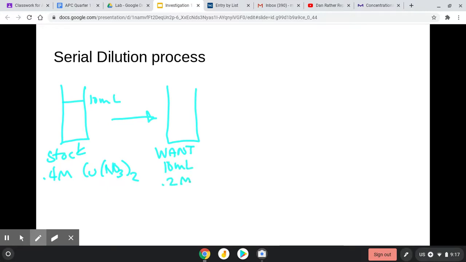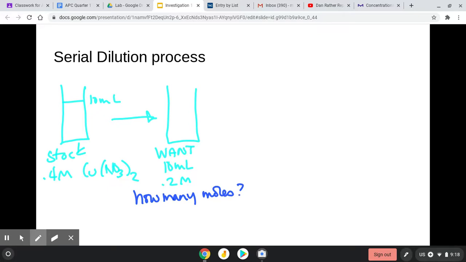So the first question we need to ask ourselves is, how many moles of copper nitrate are going to be in the solution that we want?